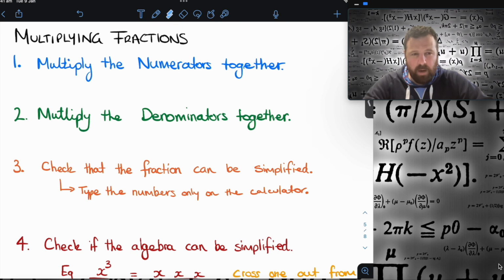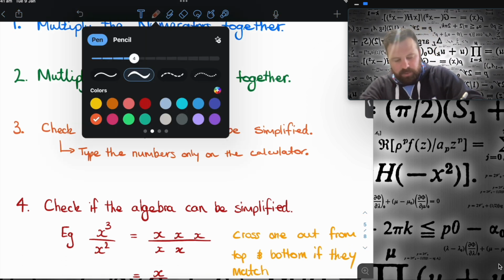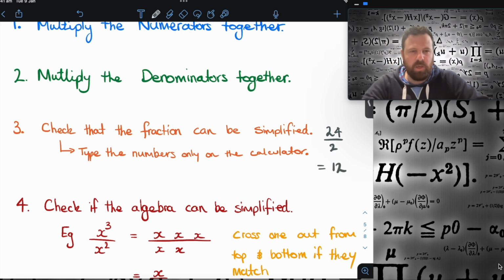But be wary of the invisible one. What we mean by invisible one here is if I have the fraction 24 over 2, that's just going to be expressed on your calculator as 12.